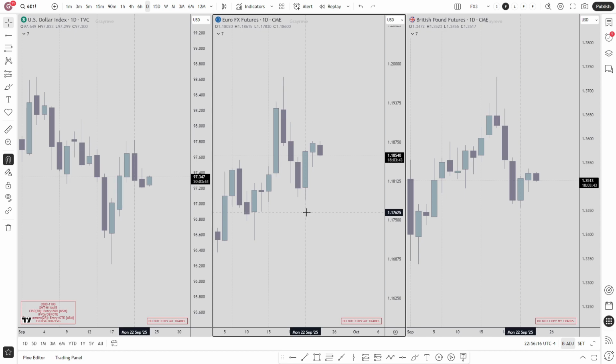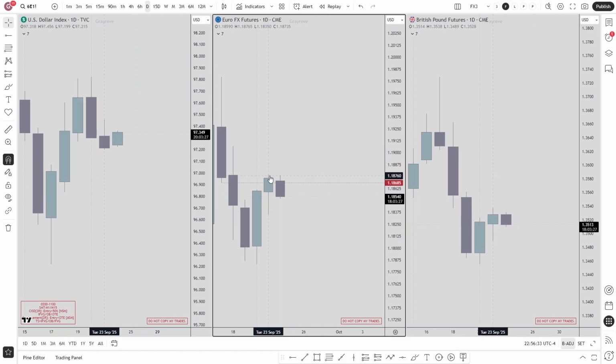On the daily time frame, Euro, we have closed above the bullish inversion. It was supposed to restrict the price, but yesterday we closed above it. Right now, it looks like it's trying to form a swing high on the daily. Let me just double check.